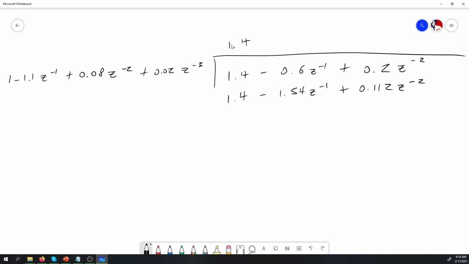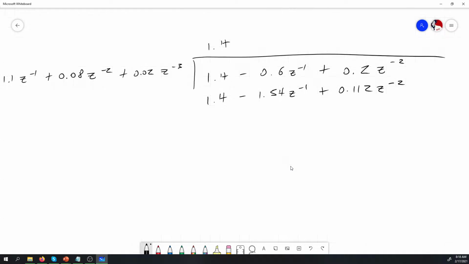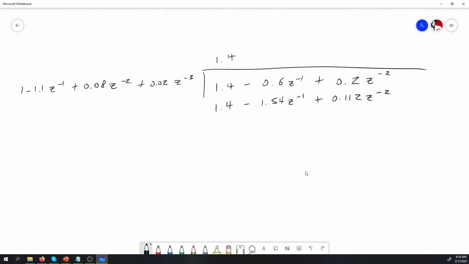And then 1.4 multiplied by 0.02 z to the negative 3 gives us plus 0.028 z to the minus 3.